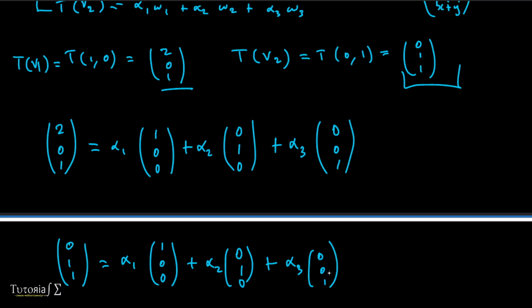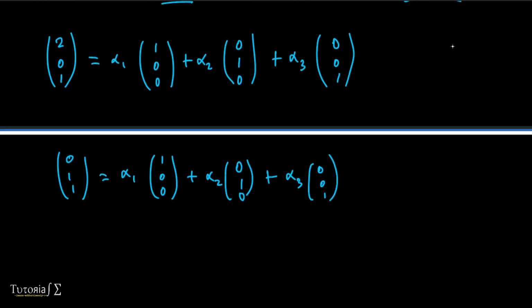So now we need to solve this as a system of equations. We'll find alpha 1, alpha 2, alpha 3. That will be the first row. Then for this one we solve for alpha 1, alpha 2, alpha 3. That will be the second row. So you've learned already how to solve a system of equations.